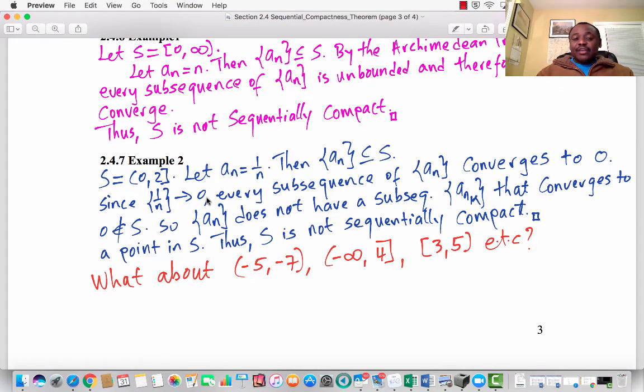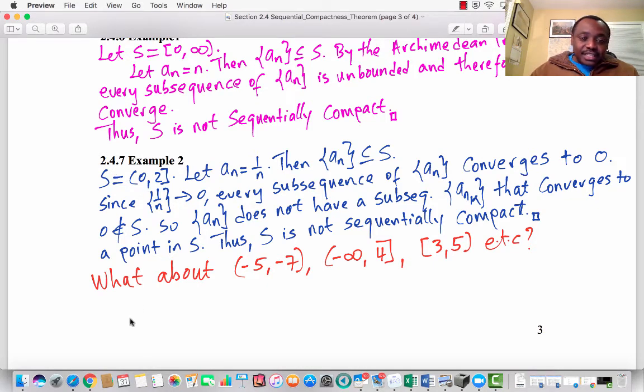So if 1 over n converges to 0, every subsequence of 1 over n would also converge to 0, and 0 is not an element of our set S. Therefore, for the sequence 1 over n, we have not been able to find a subsequence that will converge to a point in S. Therefore, S is not sequentially compact.